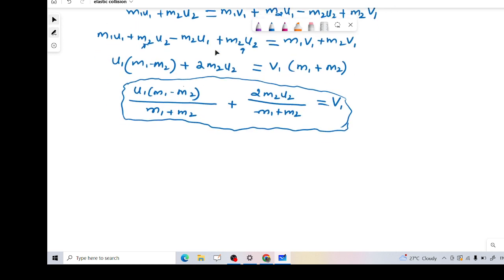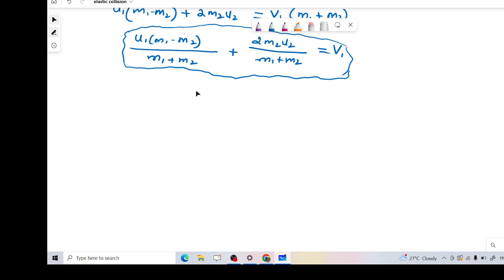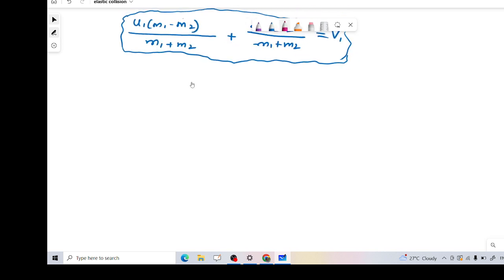Now we need to find the value of v2 with the same procedure. This v2 relates to the mass of the second object after collision. From the coefficient of restitution we know that u1 minus u2 is equal to v2 minus v1. To find v2 I need the value of v1, so I will reshuffle this equation and send v1 to the LHS side.